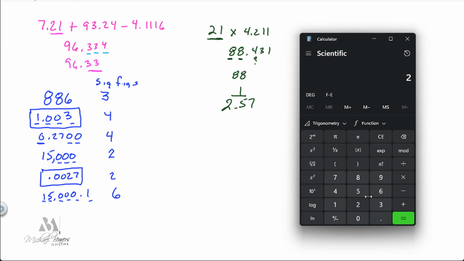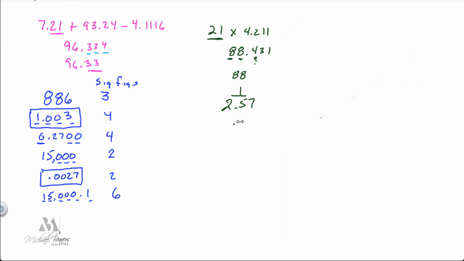So 2.57, and I'll do the 1 over button. All right, so we end up with a whole bunch of digits, we got 0.3891. I'll just put dots here because there's a lot of other stuff. All we need are 3 significant digits.